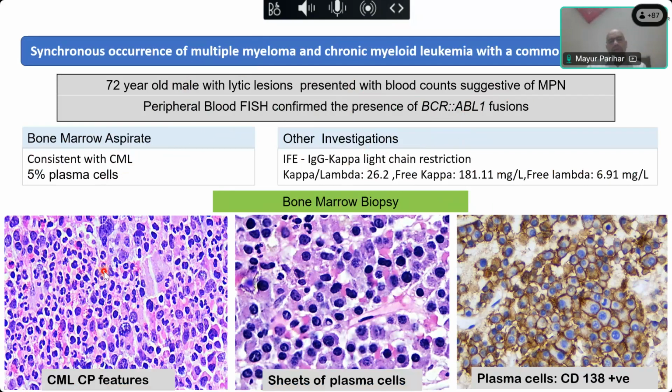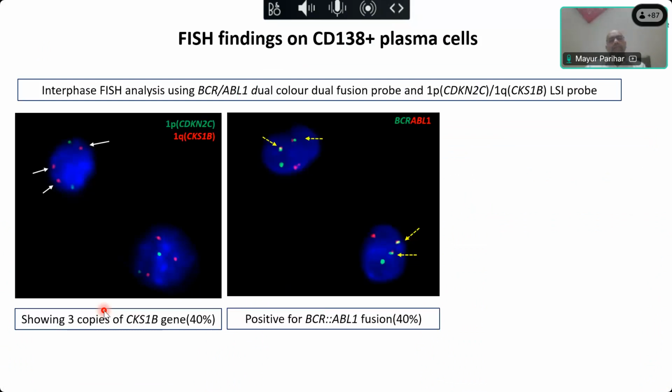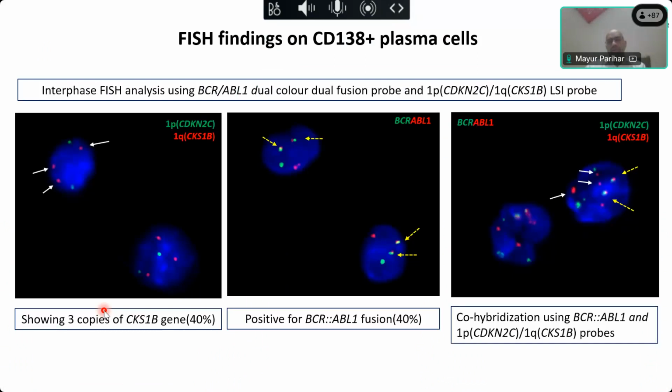The bone marrow aspirate showed 5% plasma cells, and in the marrow you could see sheets of plasma cells mixed with a picture completely consistent with chronic myeloid leukemia. We did a FISH panel, and this patient had a 1p 19q deletion, and the BCR-ABL fusion was positive.